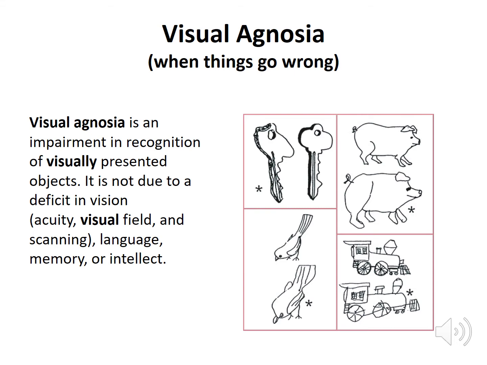So the drawings that are marked with an asterisk are the ones done by the subject, and you can see how hard it is for a subject suffering from visual agnosia to copy one-to-one an image. So you can see that certain details are not exactly matching up perfectly. So it's a very, very difficult task.